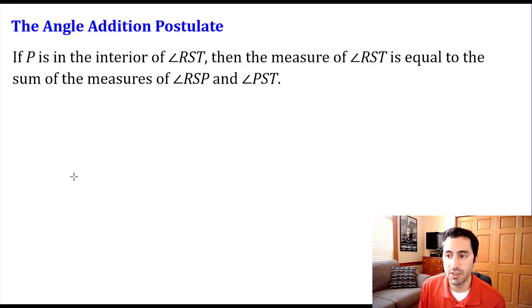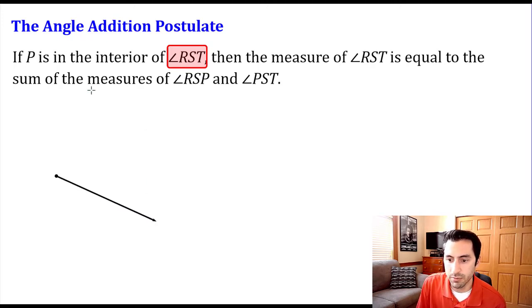So the very first piece of the sentence, it says P is in the interior of angle RST. So let's start with that angle RST. So we'll draw in our angle. This can look like anything. And then I need a couple points.